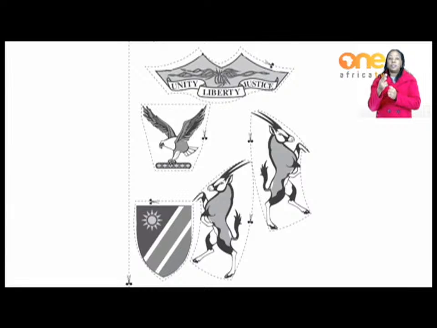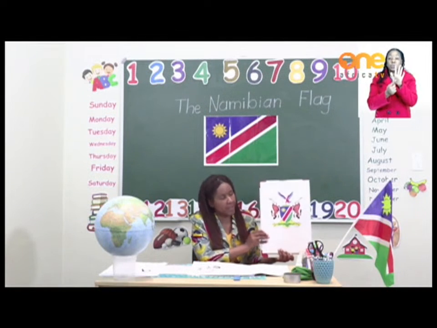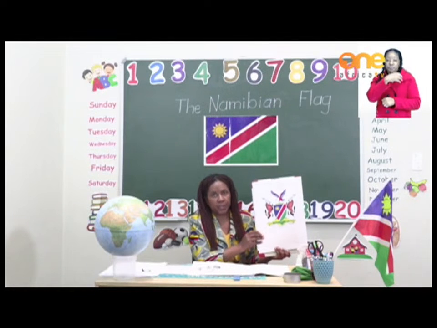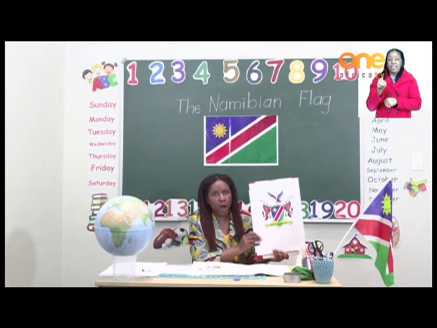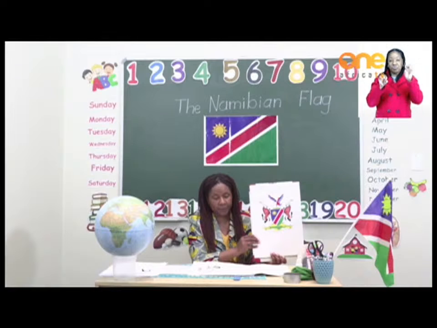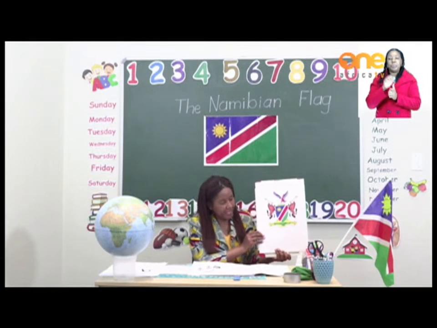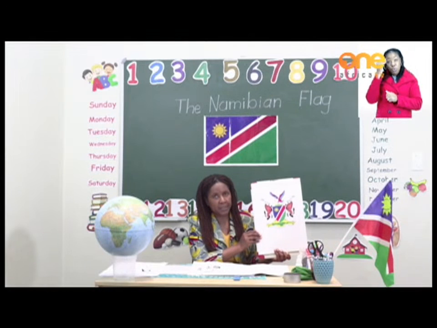Now, before you can do that, I would like you to focus on my small board once more. We have the Namibian coat of arms, and all the emblems have been placed in the right place.